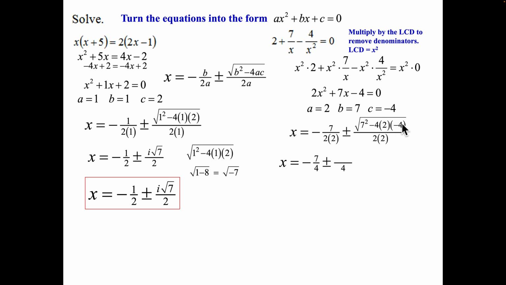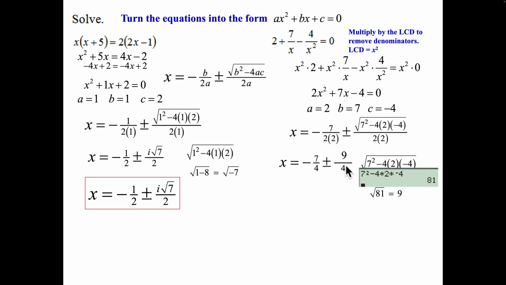Go to the radicand. Let's type it into your calculator. 7 squared minus 4 times 2 times the negative 4 is 81. Wait a minute. The square root of 81 is 9. My square root disappeared. Whoa. That can happen. All right.